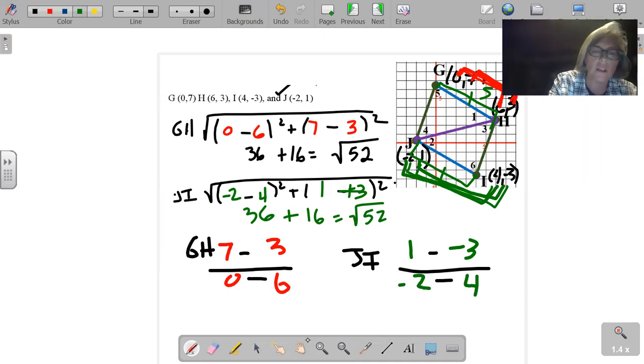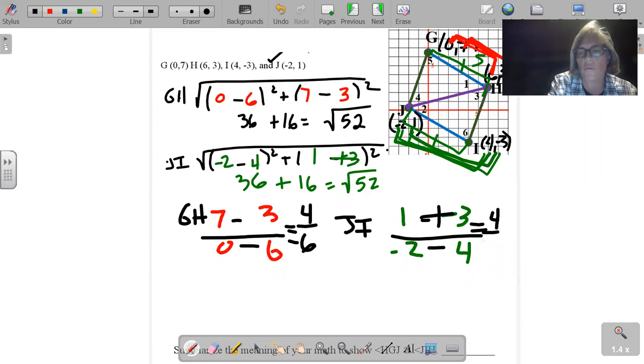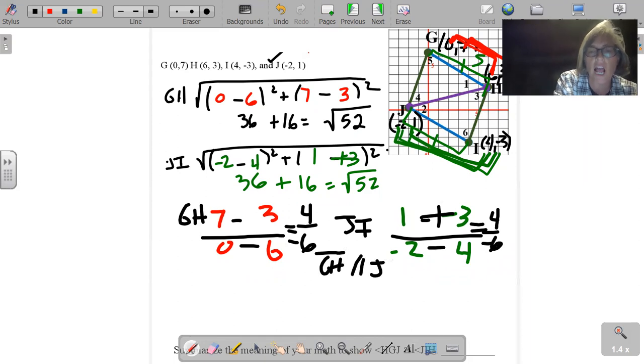Get your classmates to do the same thing so they don't pick up the wrong number. This is going to be 4 over negative 6. Double negative makes a positive. We have now proven that GH is parallel to JI, which is going to give us those angles because of alternate interior angles. JI is going to be equal to JI because of the reflexive property.